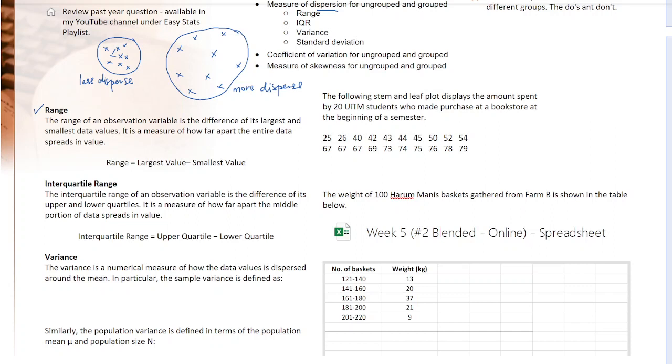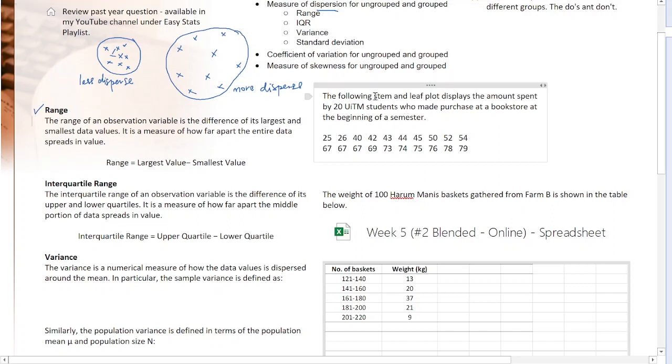I just want to change this one, so this is not stem. The amount spent by 20 UiTM students who made purchase at the bookstore. Of course, you can come up with a stem and leaf over here.